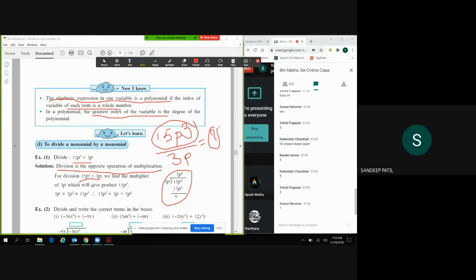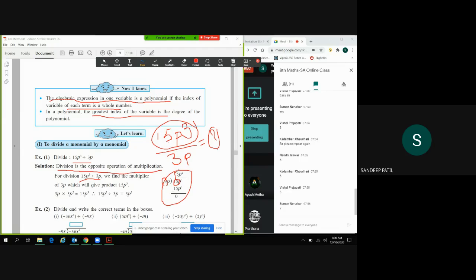So if we carry out in this fashion, there are two terms, right? One is the constant: it's 3 here and here is 15. We know the division, right? 15 divided by 3 is 5.